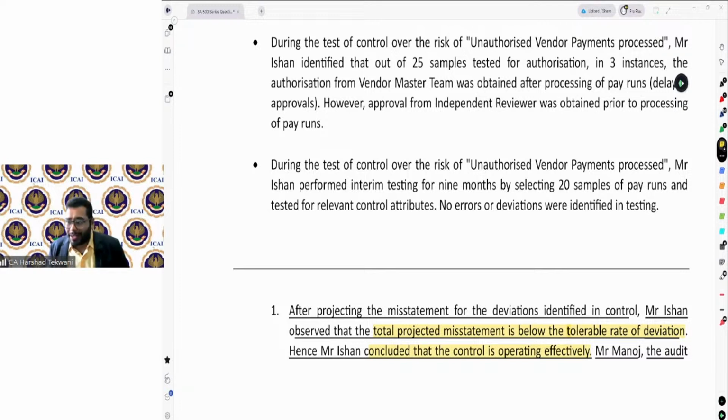Of control testing, then based on that you need to understand how to evaluate the results of test of controls, key terms, key concepts like tolerable misstatement, projection of misstatement.